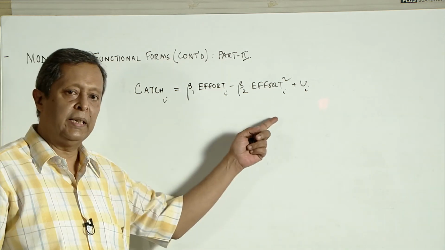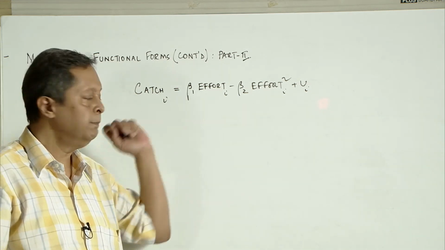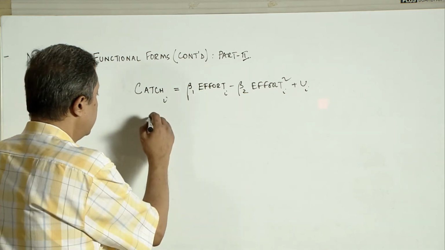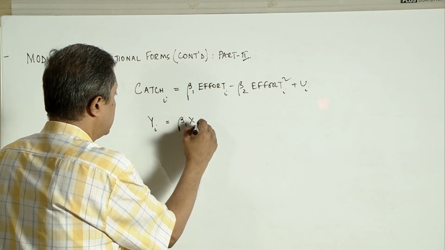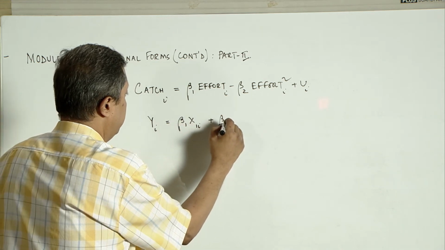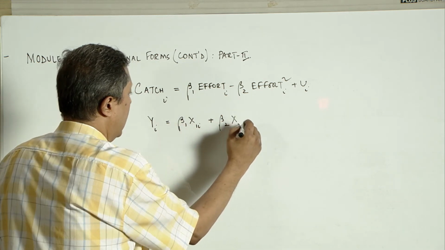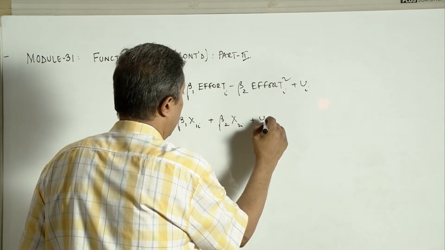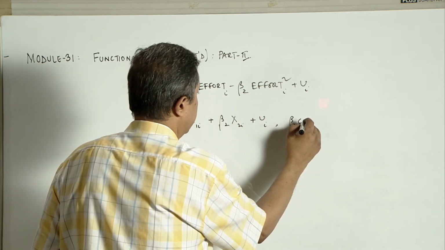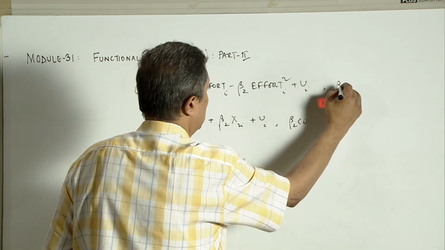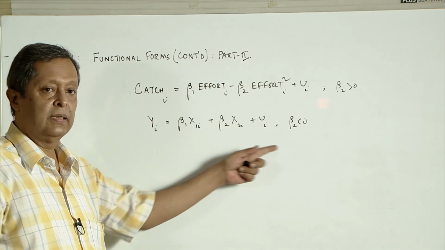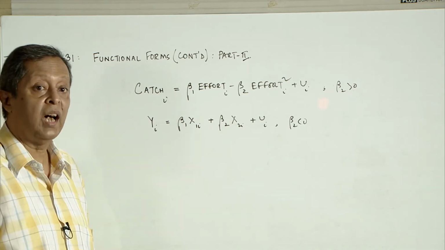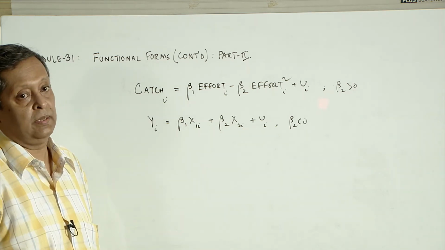You will have noticed something interesting about this regression. This is yi equal to beta 1 x1i plus beta 2 x2i plus ui. Here beta 2 is negative, here beta 2 is positive. The interesting thing is that this regression is a regression without any intercept.